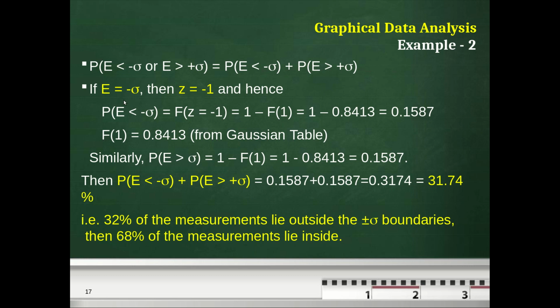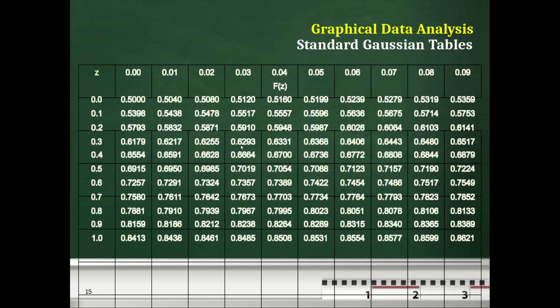So e equal to minus sigma means z equal to minus 1. You take from z equal to minus 1, and the probability is 1 minus f of 1. You put the f here, f of z.